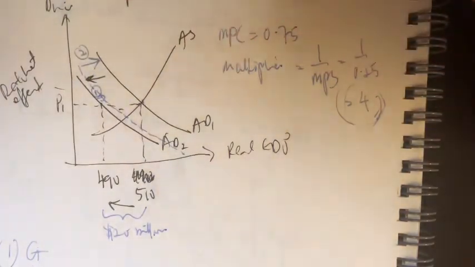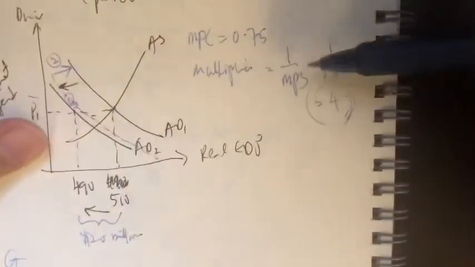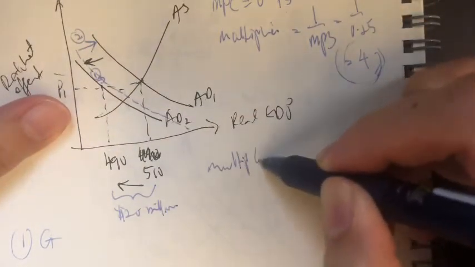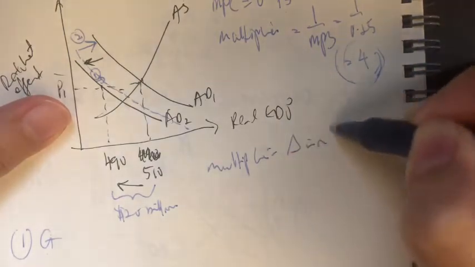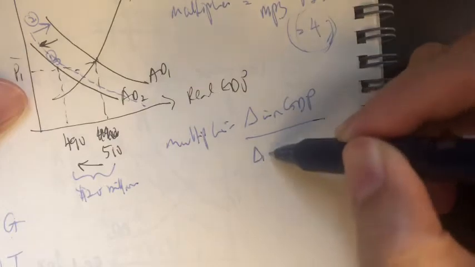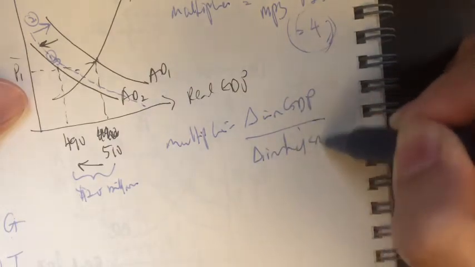We can play around multiplying or dividing, but this is actually a shortcut way to know it. Remember, there's another formula for the multiplier. The other multiplier formula is, the multiplier is basically the change in GDP over the change in initial spending.